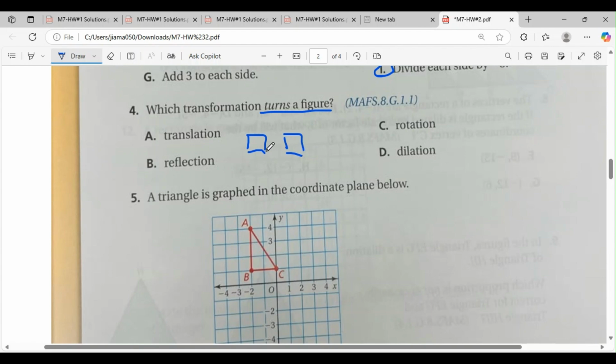Okay, so this doesn't change the figure or change the size. Okay, this is not it. And reflection, draw a line between them, so you can see they also have the same size.